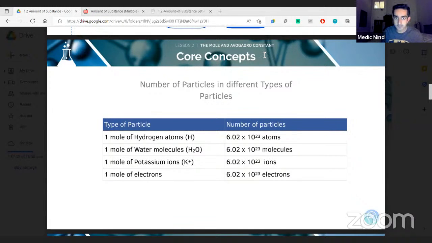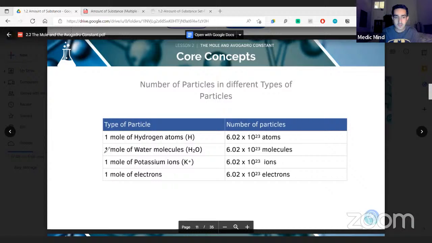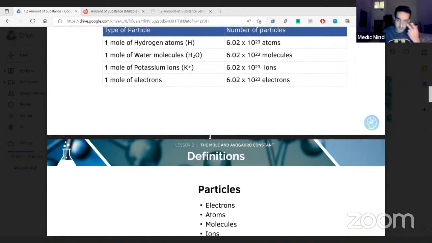Very important to note, if they ask you the number of hydrogen atoms in 1 mole of water, that would be Avogadro's constant times 2, because for every mole of water molecules, there's going to be 2 hydrogen atoms, which means that the number of hydrogen atoms will be times 2 in 1 mole of water.